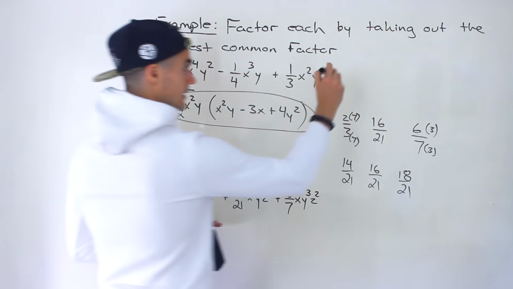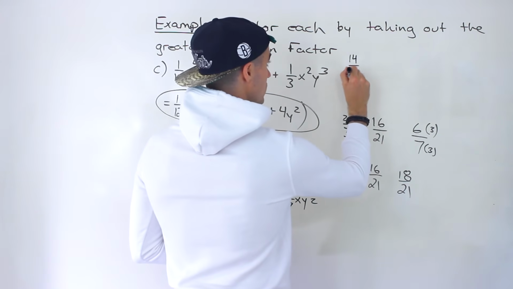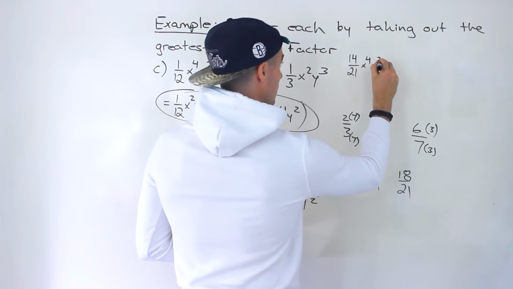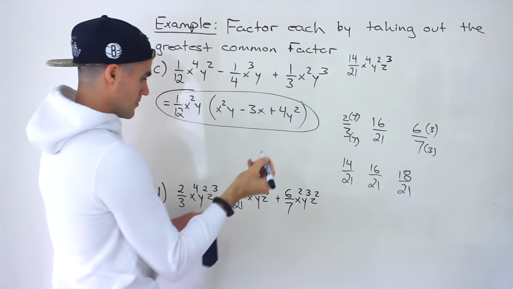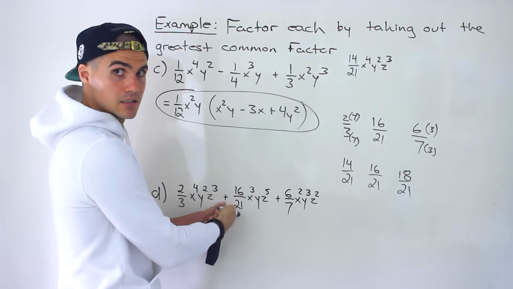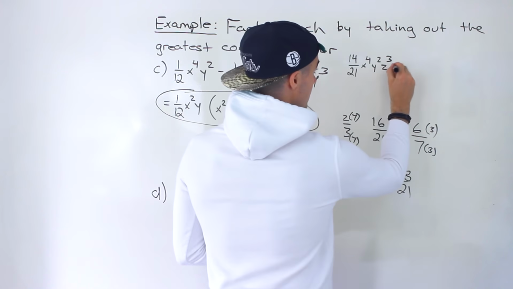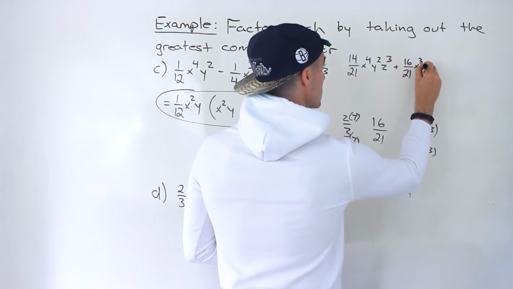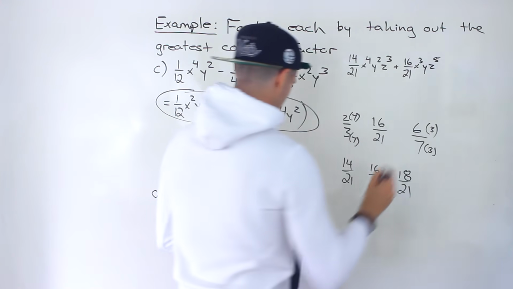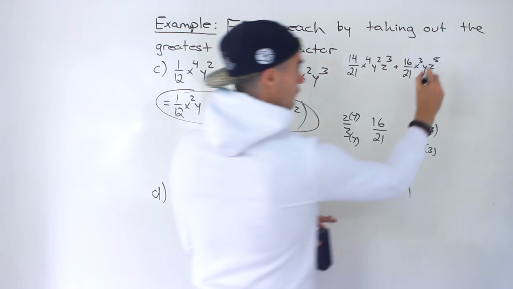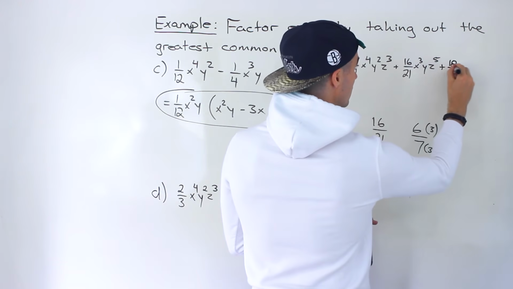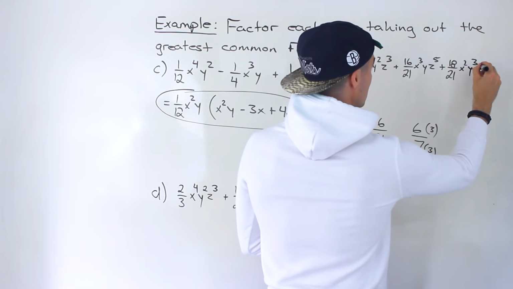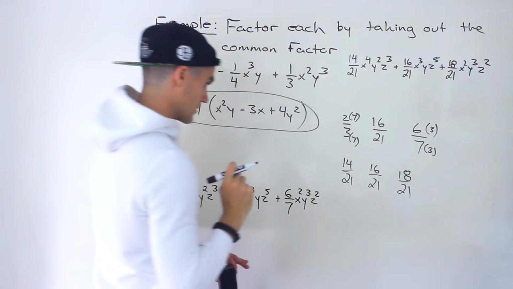So the 2 over 3, that's going to be 14 over 21, x to the 4, y squared, z to the 3, plus 16 over 21, that we're just keeping as is, x to the 3, y, z to the 5, plus 6 over 7, we're converting to 18 over 21. X squared, y to the 3, z squared, like that.